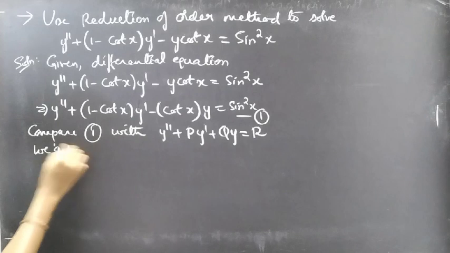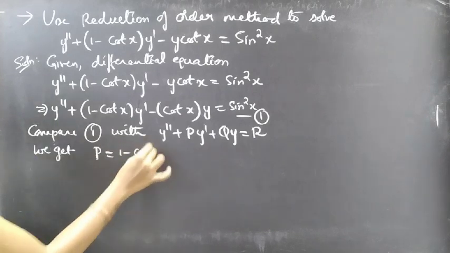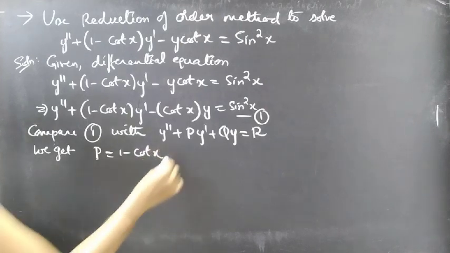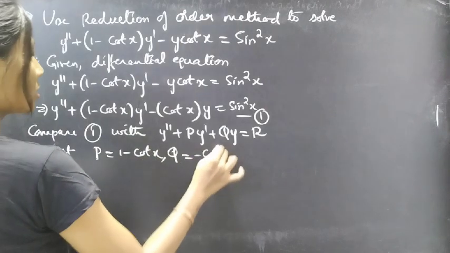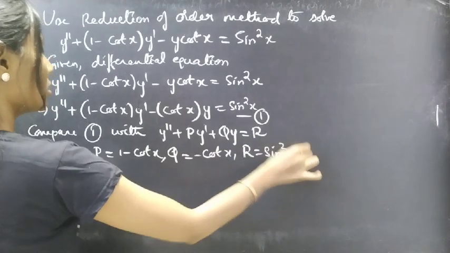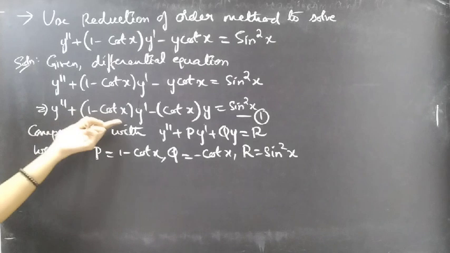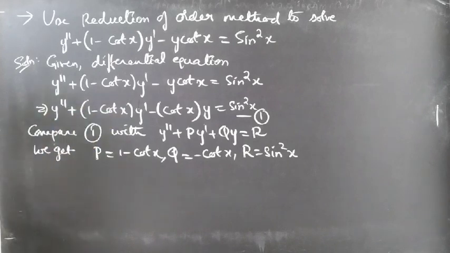We get p = 1 - cot x, q = -cot x, and r = sin²x. Now we need to find a part of the complementary function of 1, or the solution of the homogeneous equation of 1. Okay, so let's find a part of the complementary function of 1 using the inspection method.